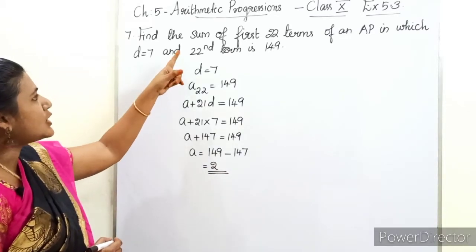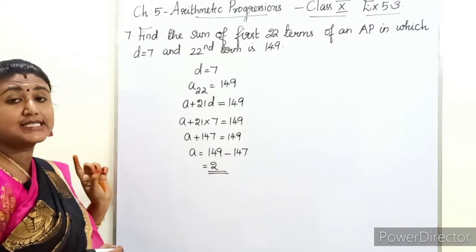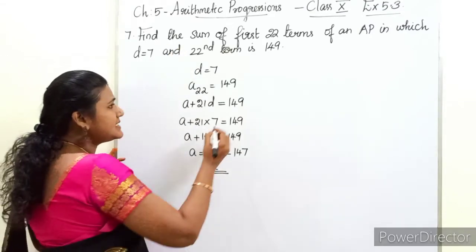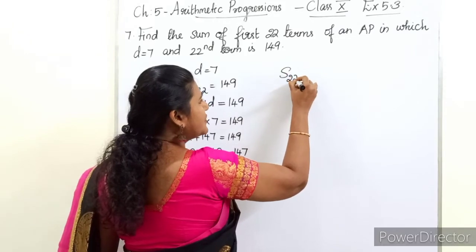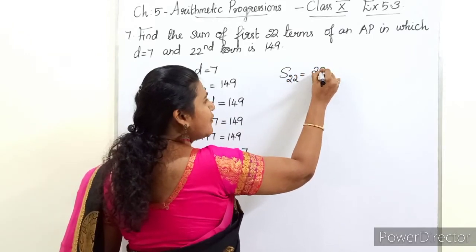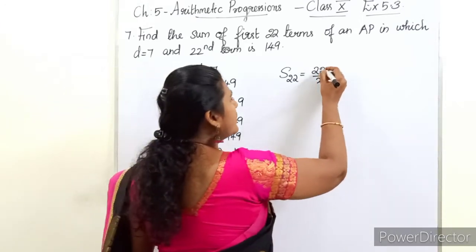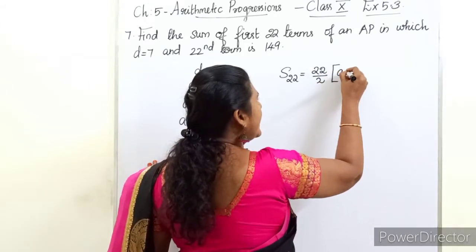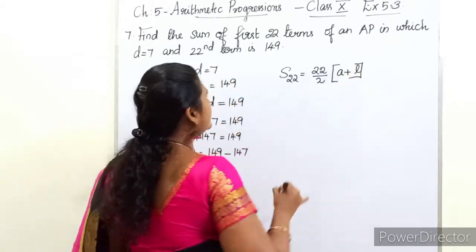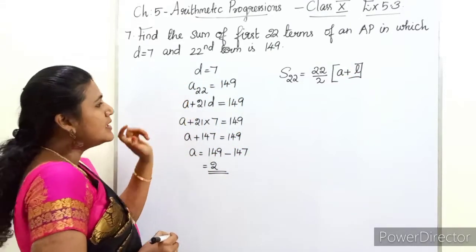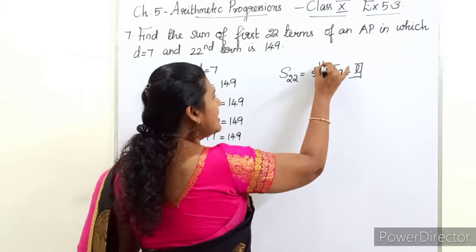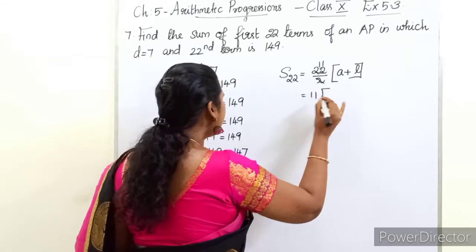Now we will find out what we have to find out. Yes, the sum of 22 terms, that is S22, we have to find. We will take the second formula, that is n by 2 into A plus L. So 22 by 2 into A plus L, where L means the last term, that is A22 only. Here we will simplify: 11 into, what is the value of A?